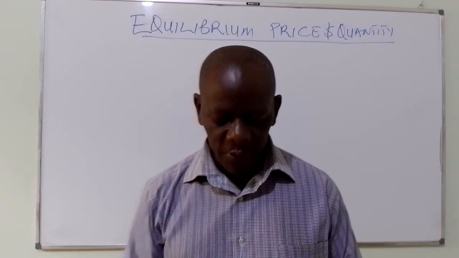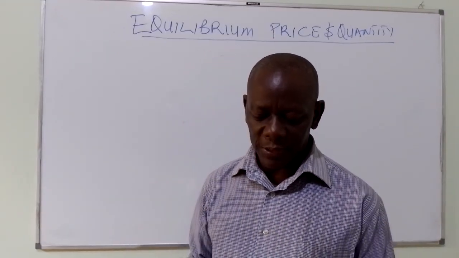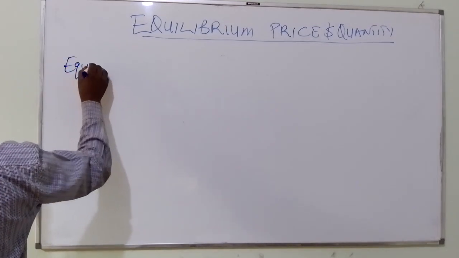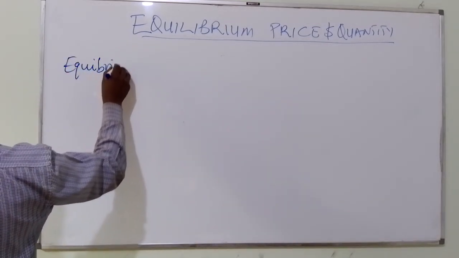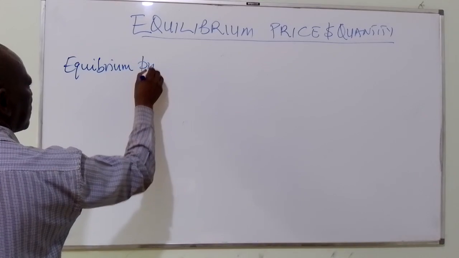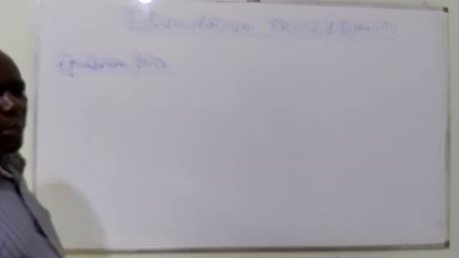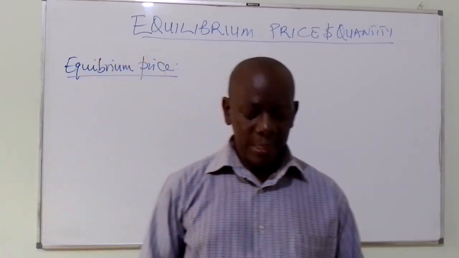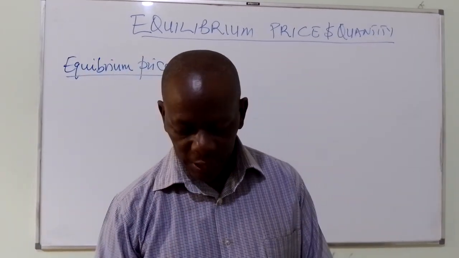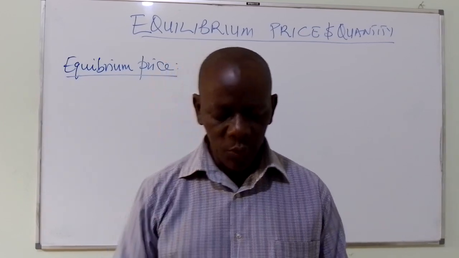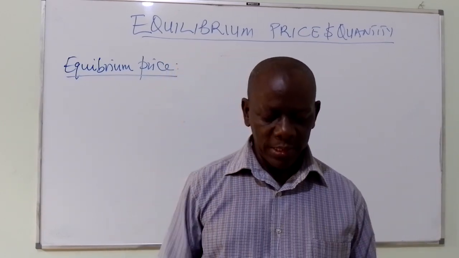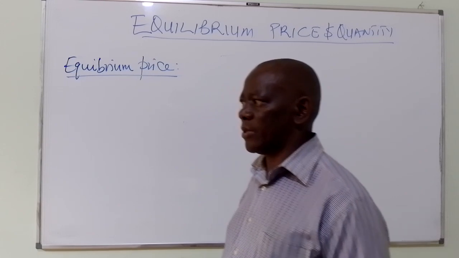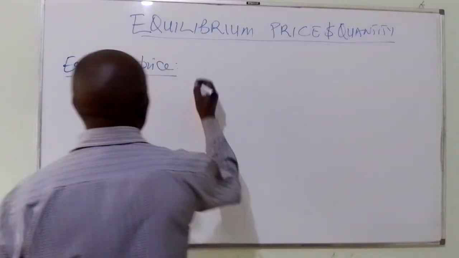So we begin by looking at what is equilibrium price. What do we mean by equilibrium price? We say that equilibrium price is that one at which the quantity that is demanded is equal to the quantity that is supplied.